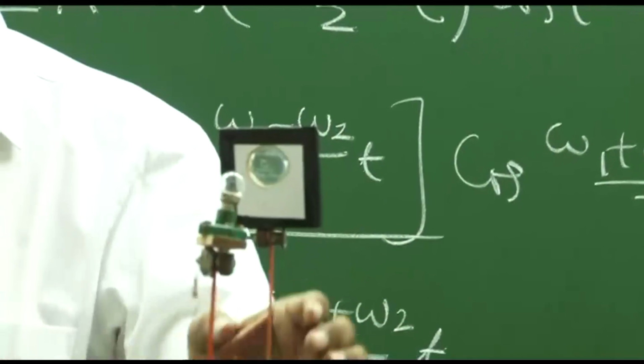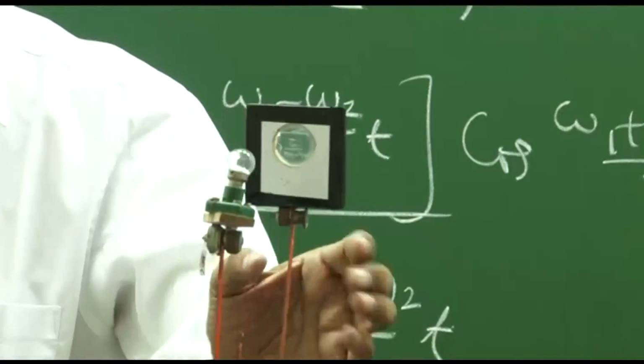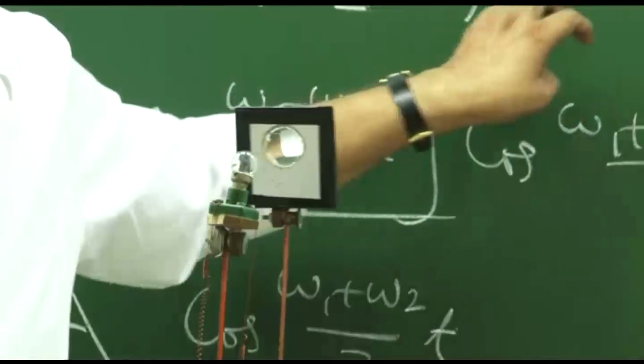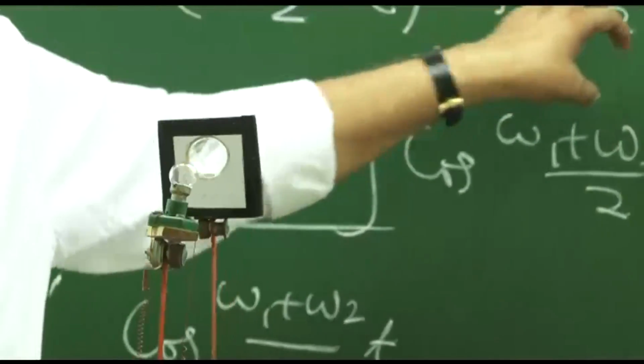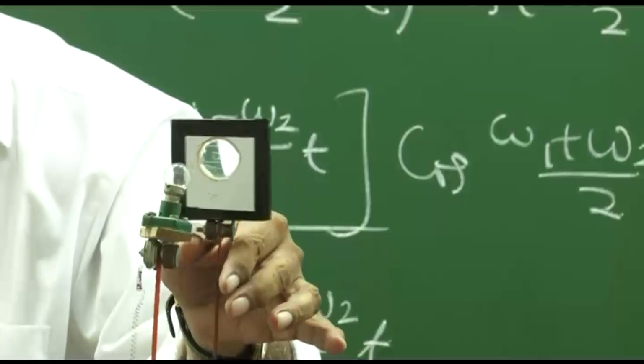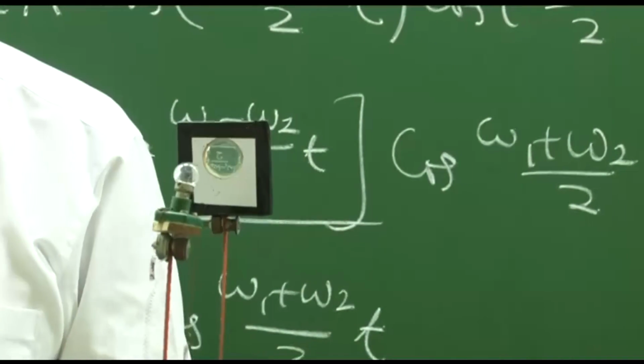And if I oscillate this lens, the image will oscillate and the frequency will be same as the frequency of this lens.